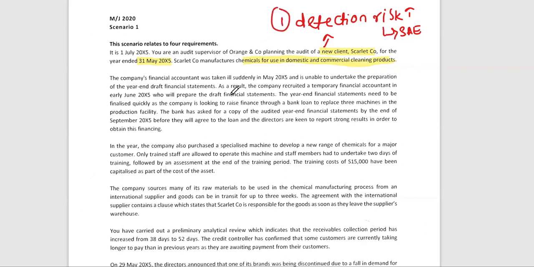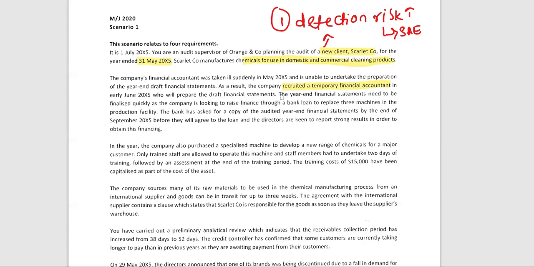Then comes the company's financial accountant, who was taken ill suddenly in May 20x5 and is unable to undertake the preparation of the year-ended draft financial statements. As a result, the company recruited a temporary financial accountant in early June 20x5 who will prepare the draft financial statements.